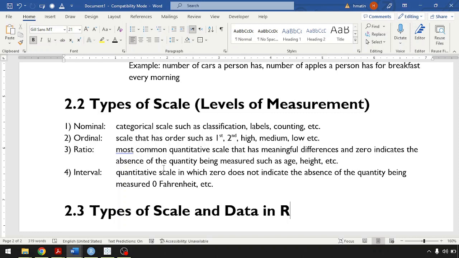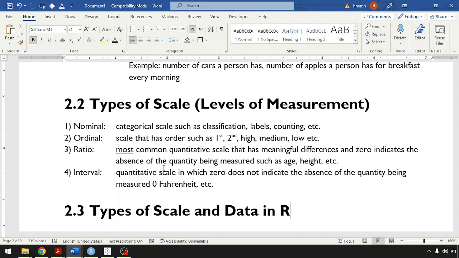Sometimes we could have numbers actually representing a nominal value. But overall, nominal scales are categorical scales that cannot be measured or counted. For example, names or labels or descriptions, etc.